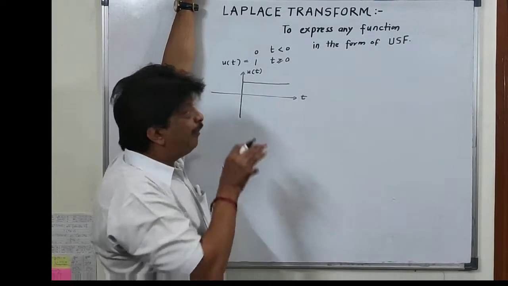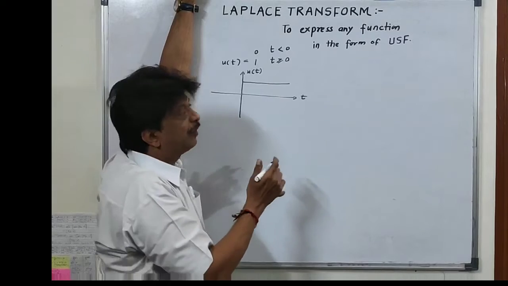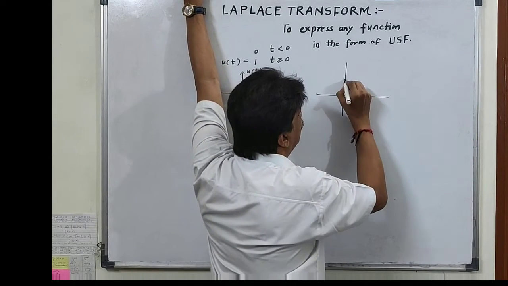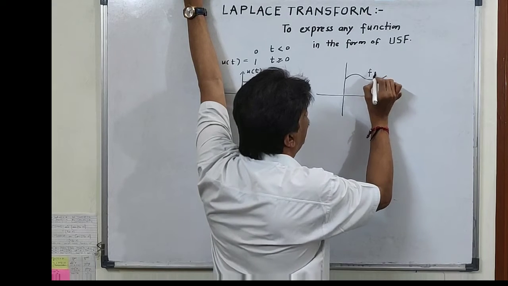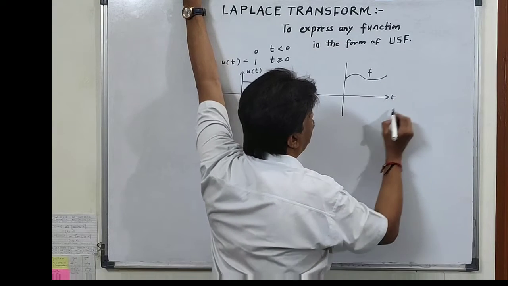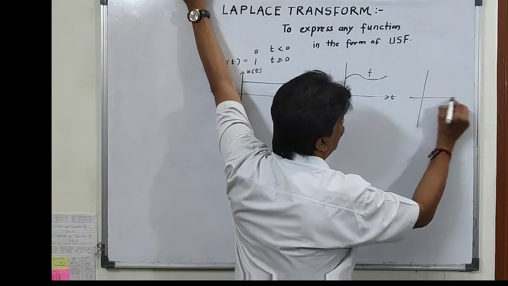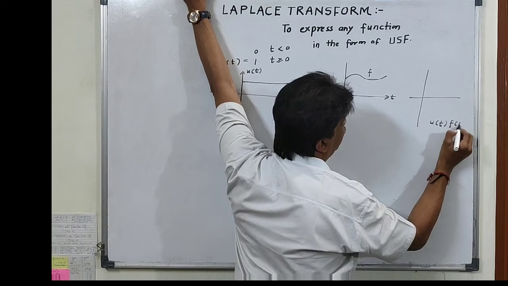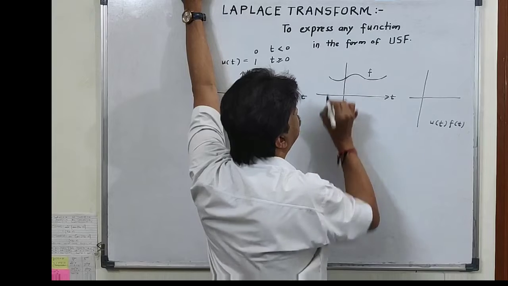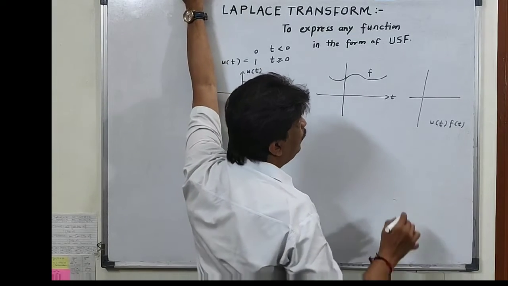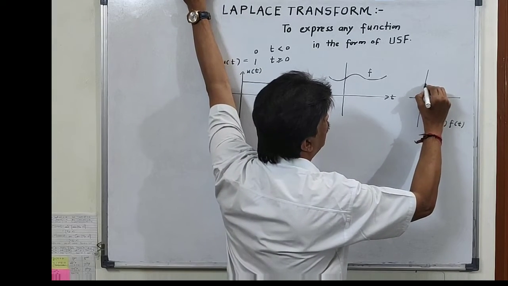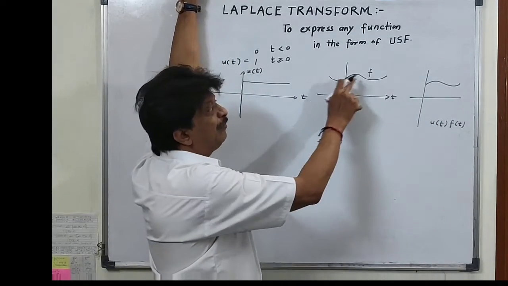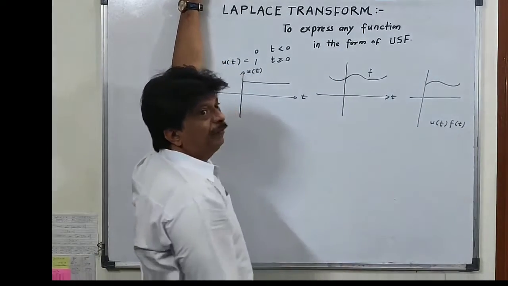We have also seen the effect of this unit step function on any arbitrary function. If this is any arbitrary function f, then u of t into f of t would be the portion of this f of t towards the right of the t axis.